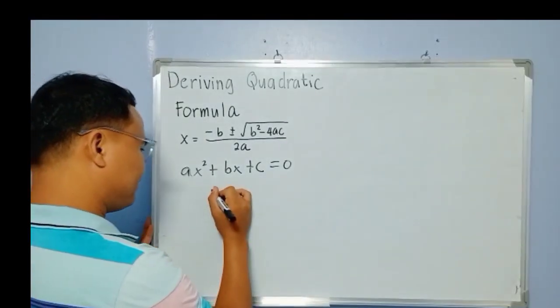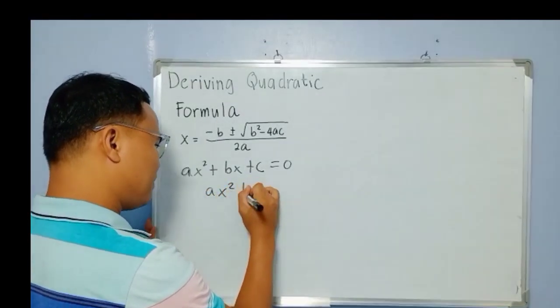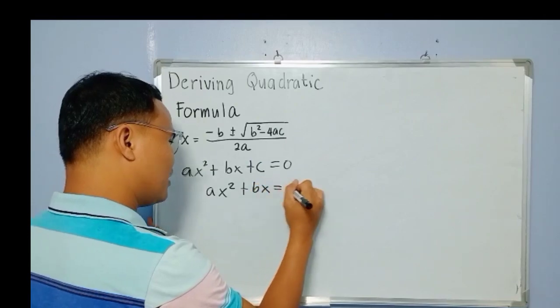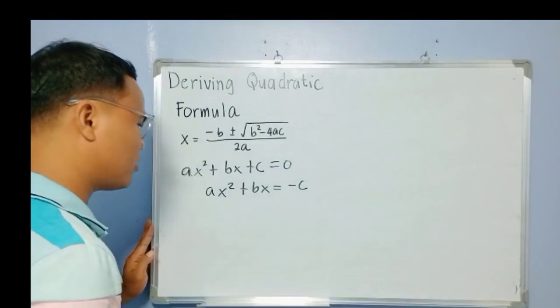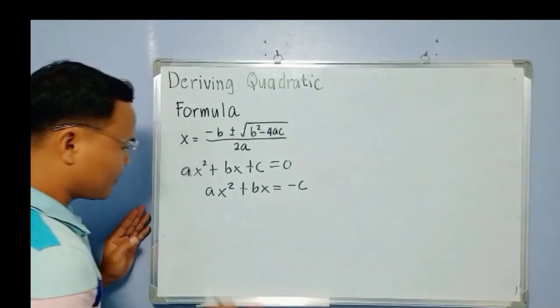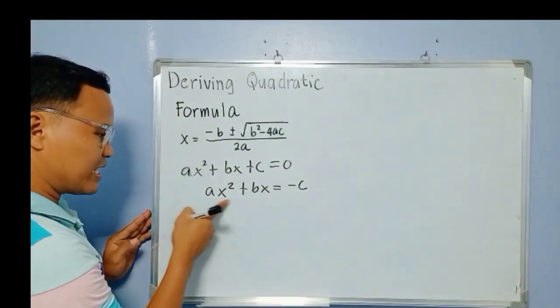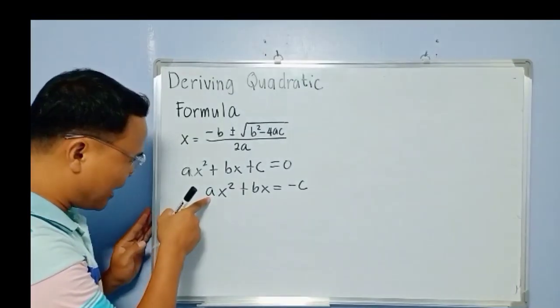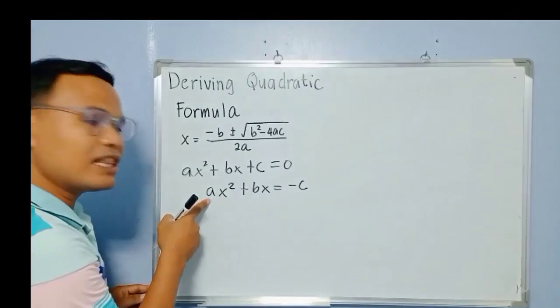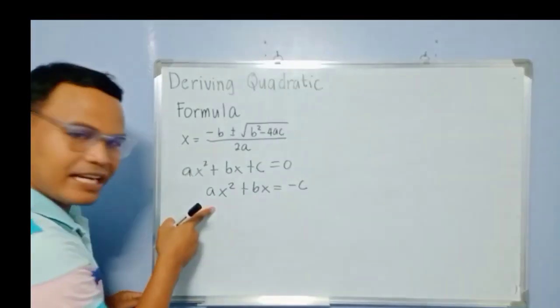So this will become ax squared plus bx equals negative c, by transposing the constant term to the right side of the equal sign. And then, since the coefficient of the quadratic term is not equal to 1, we are going to cancel out a here by dividing each term by a.